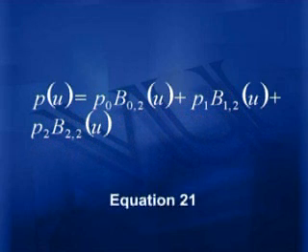Now P of u can be given as P0 B0,2 of u plus P1 B1,2 of u plus P2 times B2,2 of u. This has been rewritten in the form of the Bernstein polynomials. Let it be equation number 21.